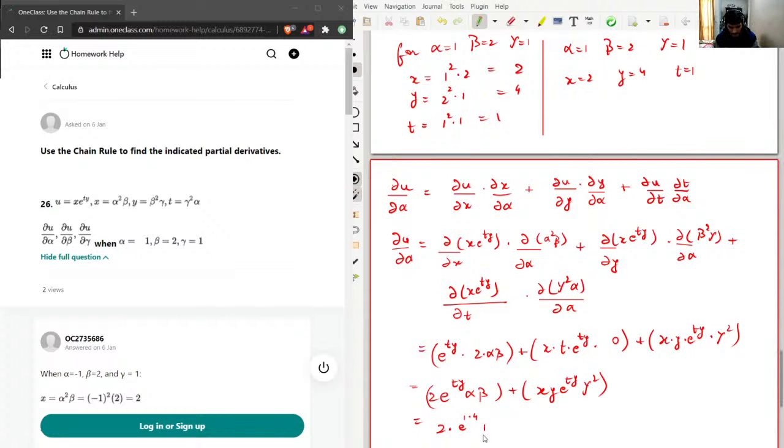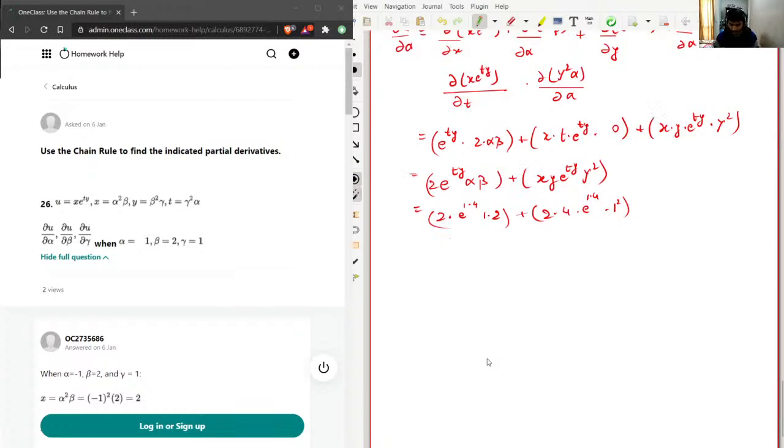Okay, and then e power t was 1, y was 4, alpha is 1, beta is 2, plus x is 2, y is 4, then e power ty will be 1 times 4, and this will be gamma square, so this will be 1. So this will become 2 to the 4, e power 4 plus 2 4s are 8.